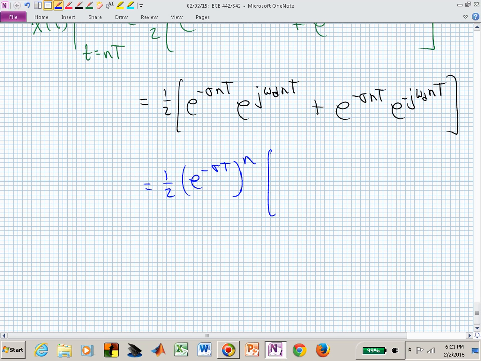And now I can also write this as e to the j omega sub d T to the n plus e to the minus j omega sub d T to the n.